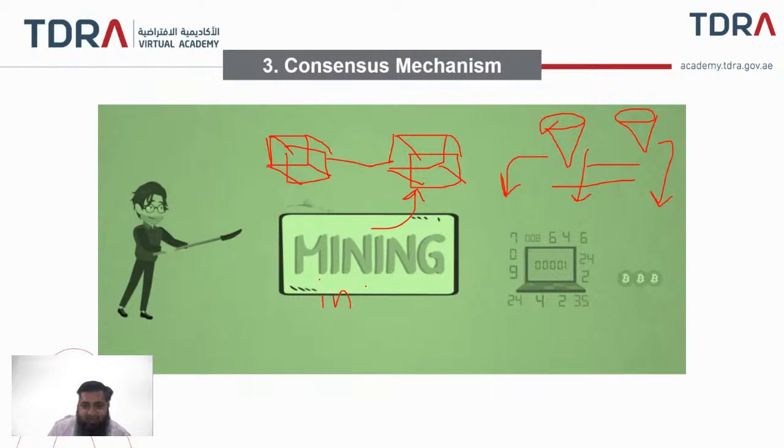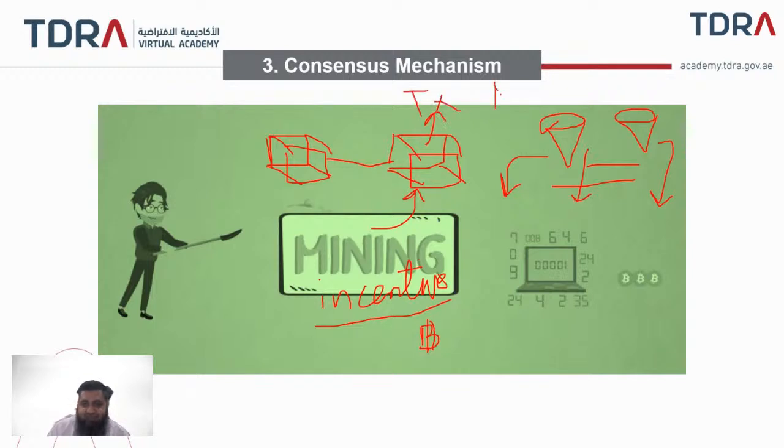So what is this mining incentive? This mining incentive is the Bitcoin amount paid by all the persons whose transactions are added to this block. This block has the information about the transactions.